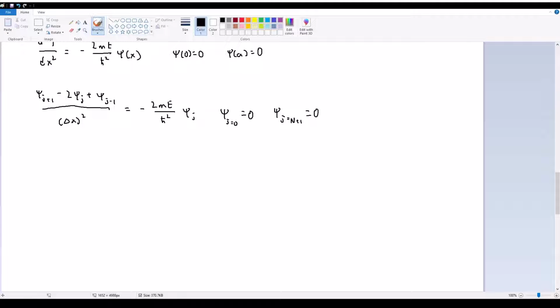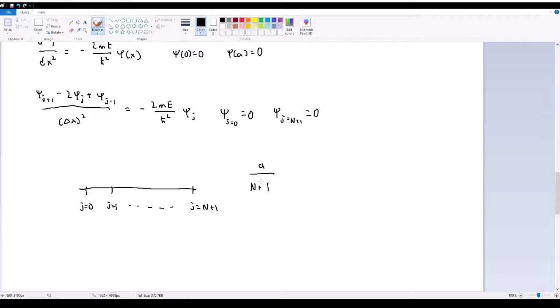Now, we can replace delta x, because remember, delta x is the space in between our intervals. If this is j equals 0, this is j equals 1, and then all the way over to j equals n plus 1, which is the very end of our interval, then delta x is a divided by n plus 1, because n plus 1 is the total number of spaces and a is the original length of our well.